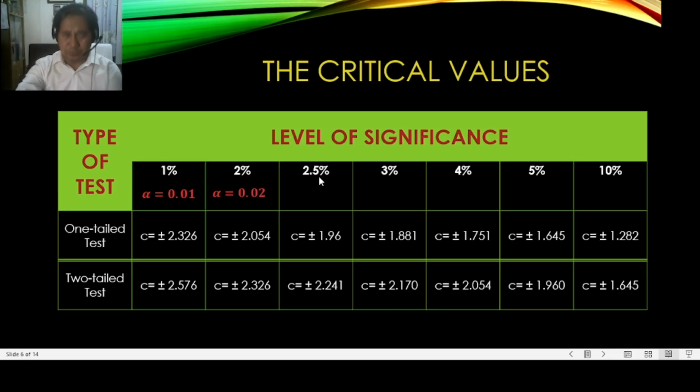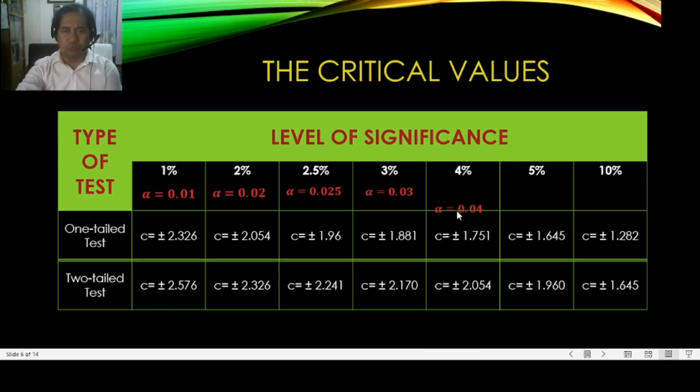And of course, if our level of significance is 2.5% or alpha level 0.025, now the critical value, if that is a one-tailed test, is positive or negative 1.96. What if the alpha level is 3% or 0.03? The critical value is positive or negative 1.881, considering the test is one-tailed.